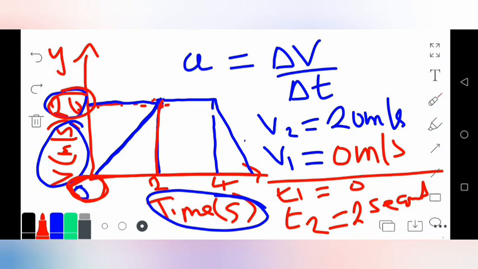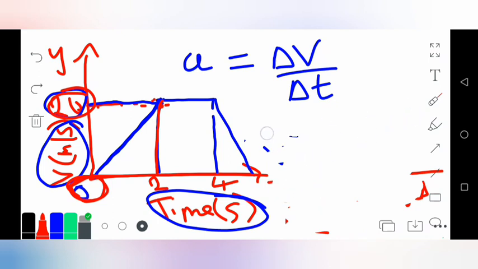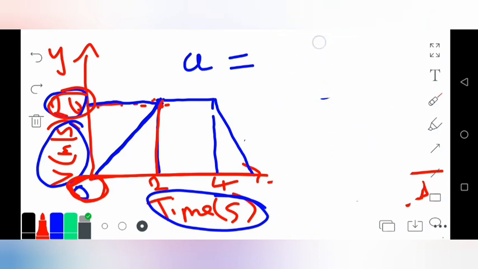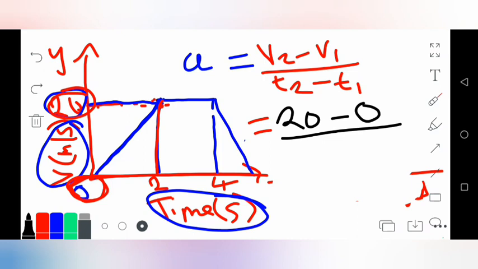Now that I have those details, I can say that acceleration is v2 minus v1 divided by t2 minus t1. So v2 is 20, minus v1, which started from 0, and t2 is 2 seconds, minus t1, which is 0.